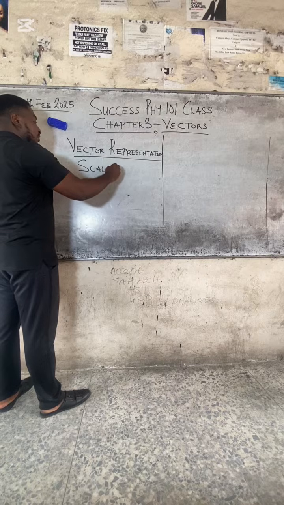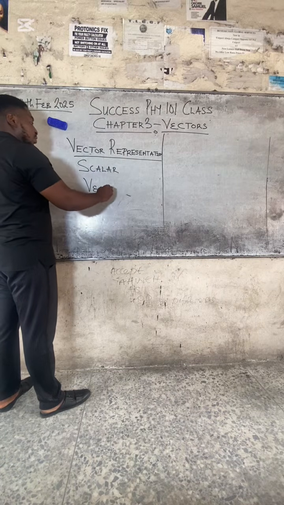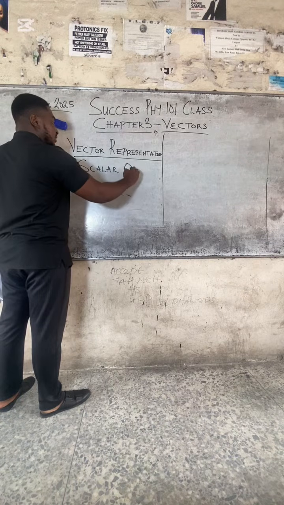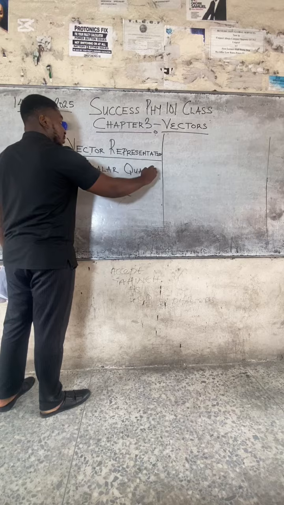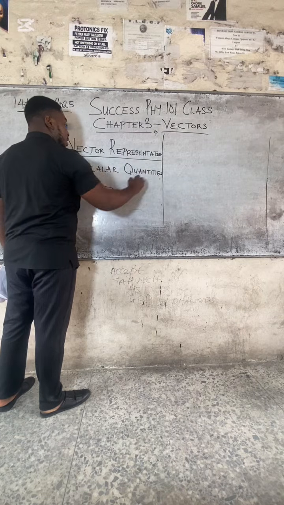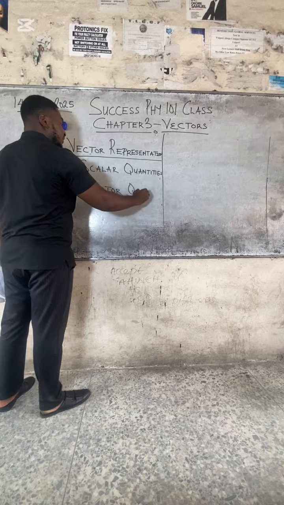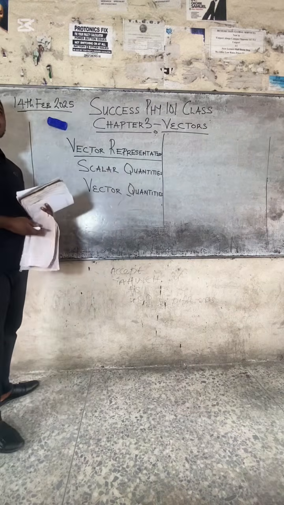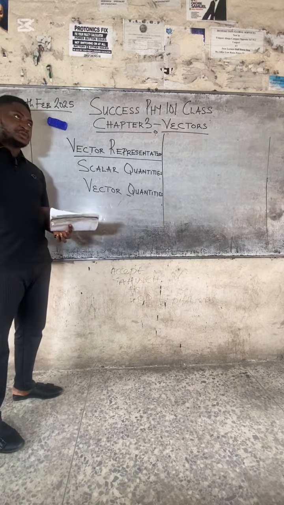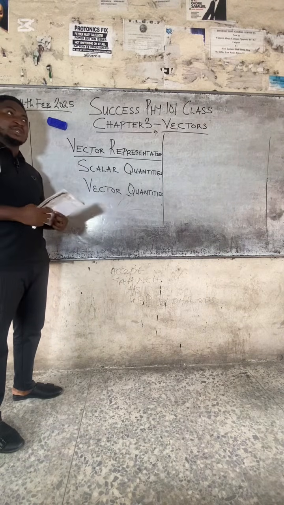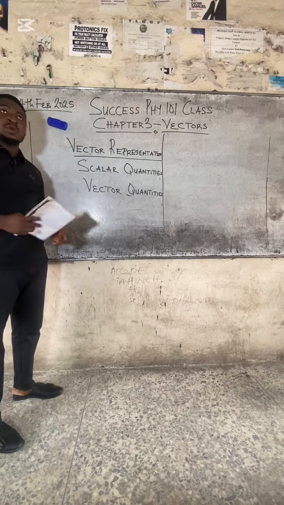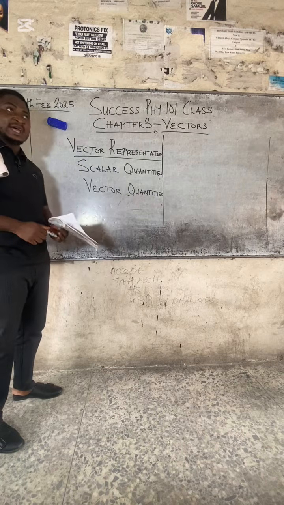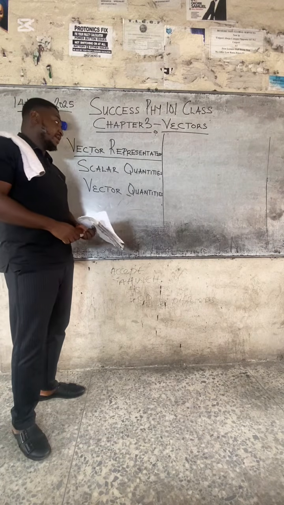We all know from our foundation in secondary school that scalar quantities are quantities that have magnitude but no direction, while vector quantities are quantities that have both magnitude and direction.